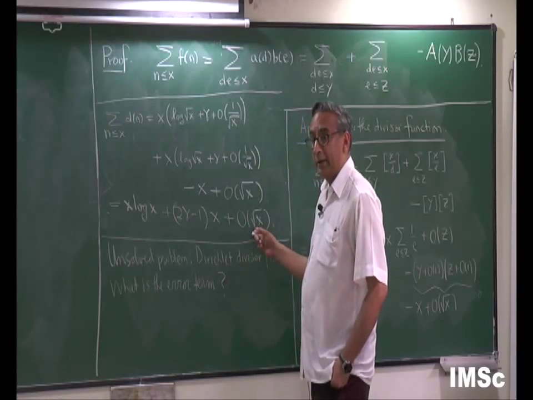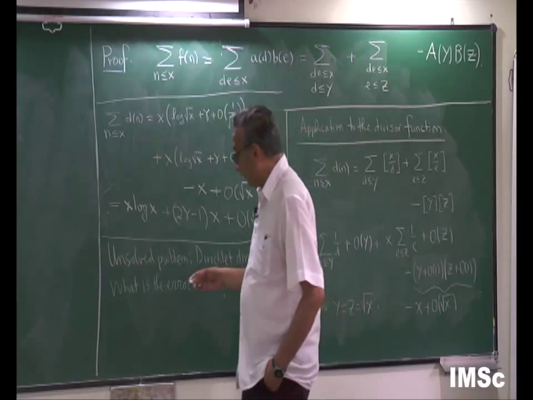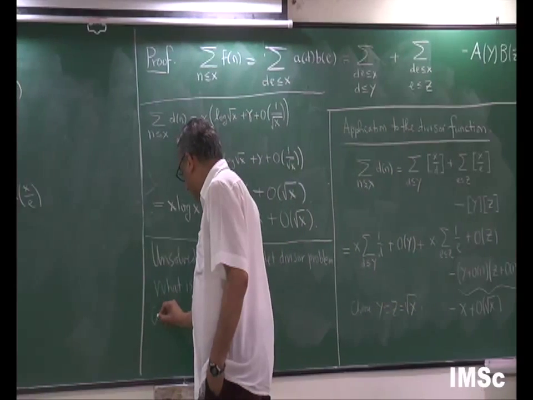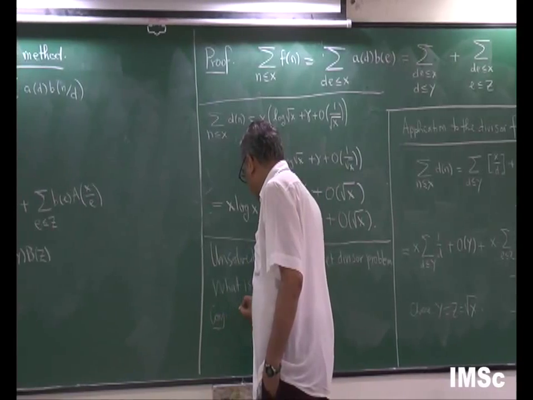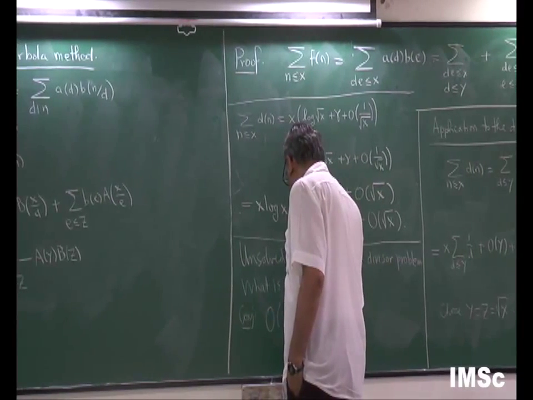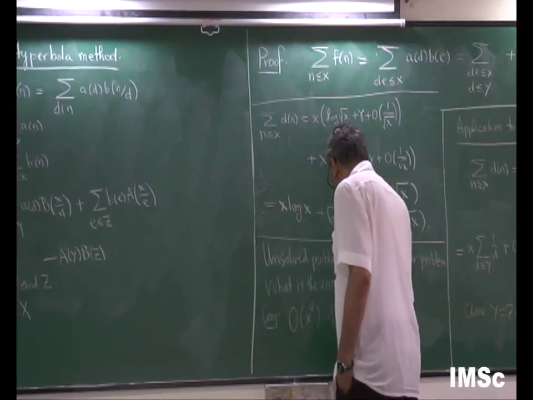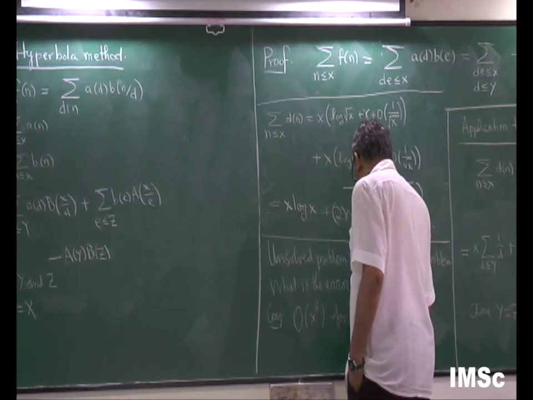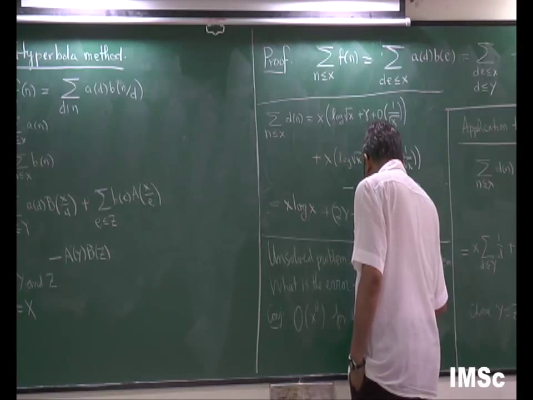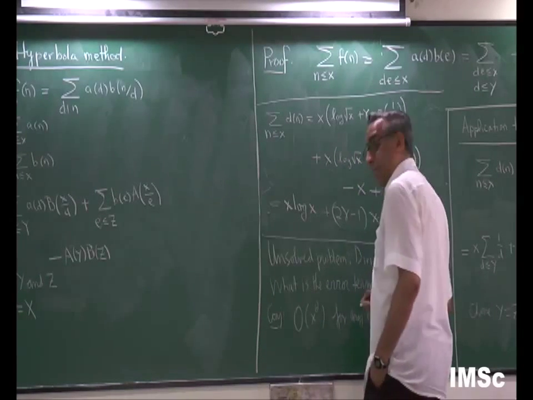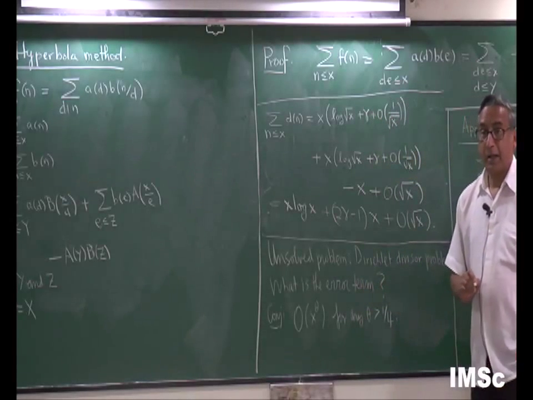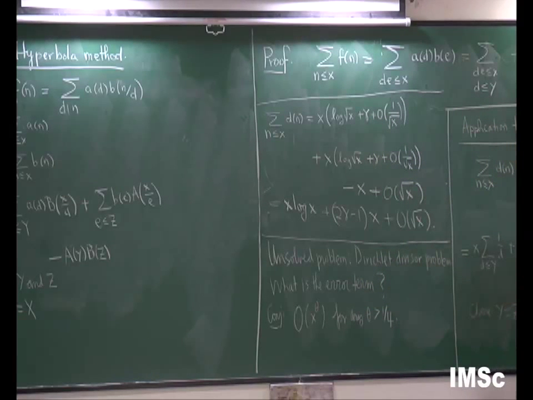You have an error term here of x to the half. The conjecture is the error term is O of x to the theta for any theta bigger than a quarter. Now, one can show that theta equals a quarter doesn't work.